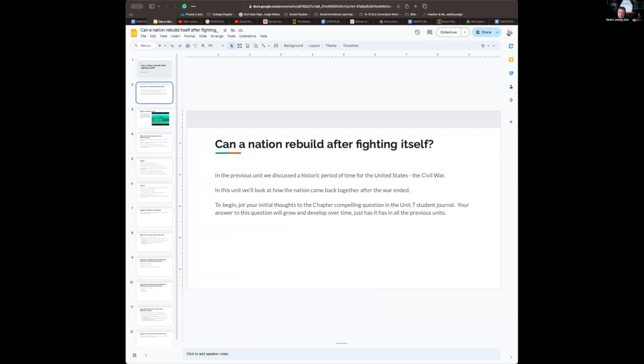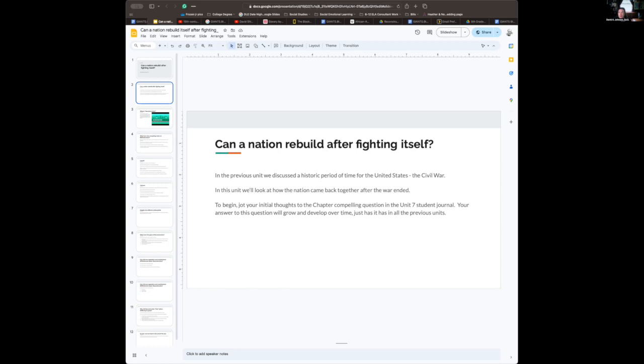In this particular case, we're going to look at how the nation tried to come back together after the war ended. Now, I say tried because historians can debate until the cows come home whether or not we actually did rebuild and reunite.